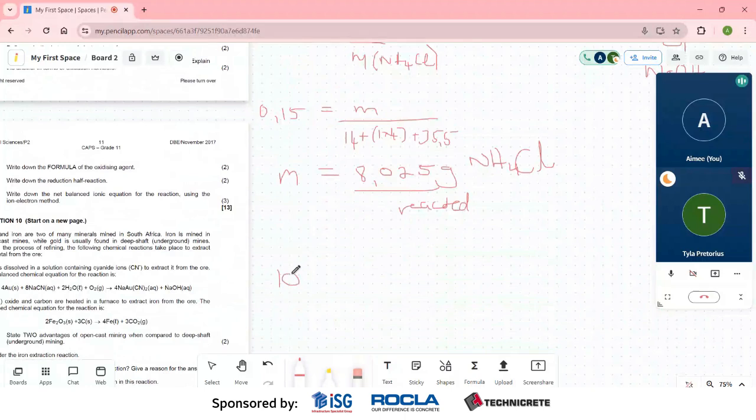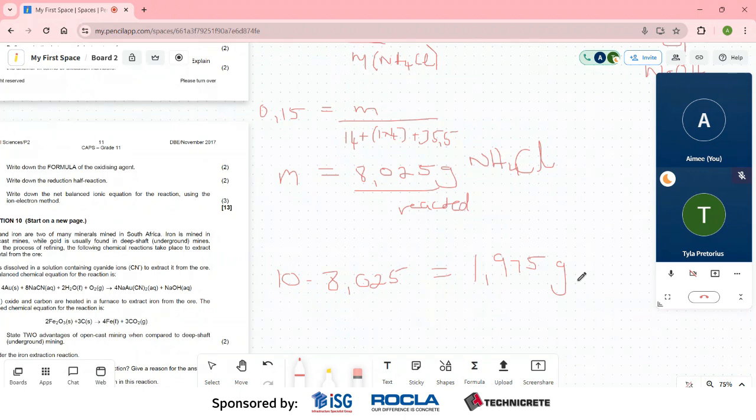So if 10 grams was impure and 8.025 reacted, remember only the pure stuff will react, which means that our impurities were the equivalent of 1.975 grams.